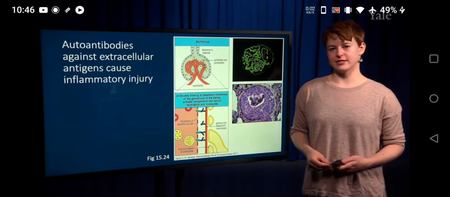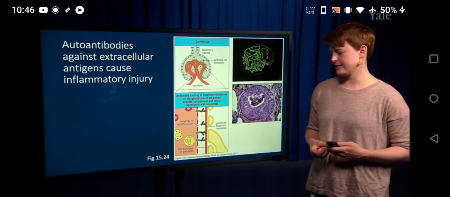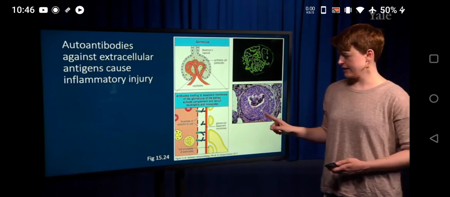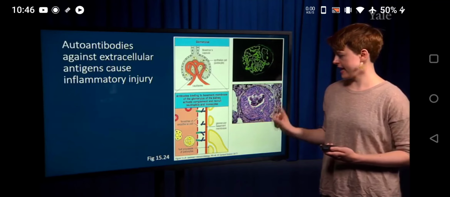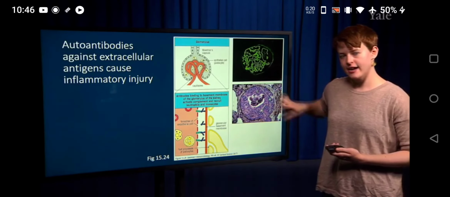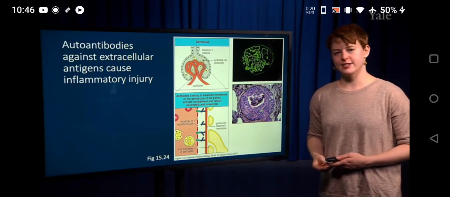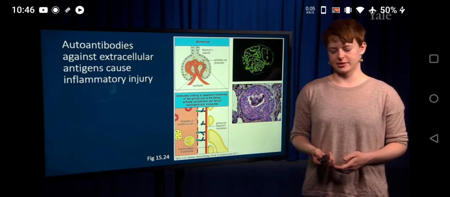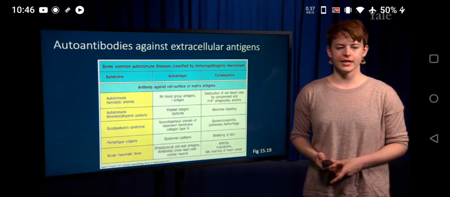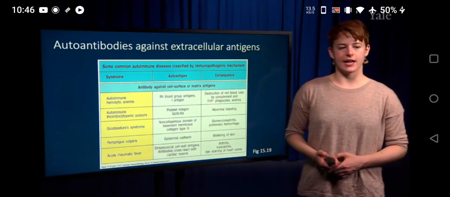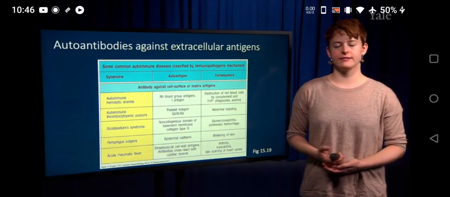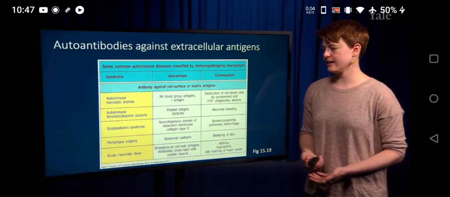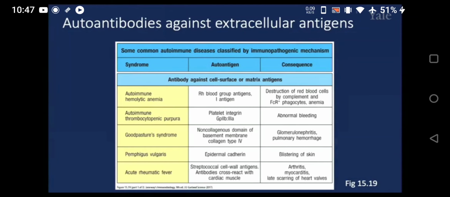And this leads to destruction of cells in the kidney, as well as you can see here. This is a glomerulus, and this area here is significantly thicker than it should be in a healthy patient due to this enormous influx of inflammatory cells. So a few examples here of diseases caused by this mechanism include, like we talked about, autoimmune hemolytic anemia, as well as pemphigus vulgaris, or acute rheumatic fever, which we'll touch on a bit later.